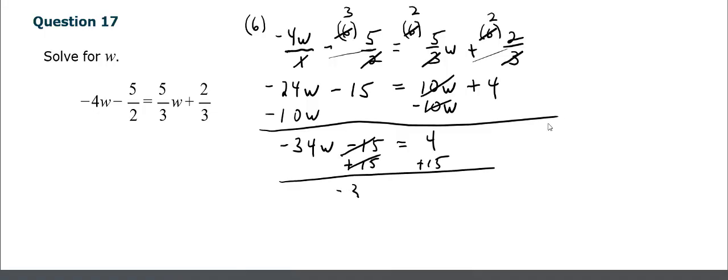Now my variable is isolated completely on the left-hand side. And I'm going to divide by my coefficient, negative 34. So w would equal negative 19 over 34, or 19 over negative 34. It doesn't matter.